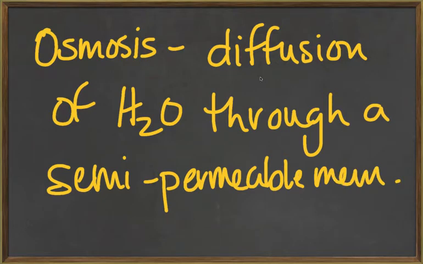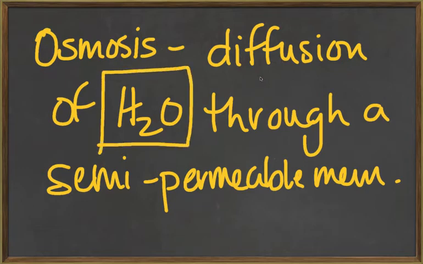However, I'm talking about one very specific thing. The only thing I care about when I talk about osmosis is water. I care about which way my water is moving. So it's the diffusion of water through a semi-permeable membrane like a cell membrane or the nuclear membrane or any kind of membrane you can think of.